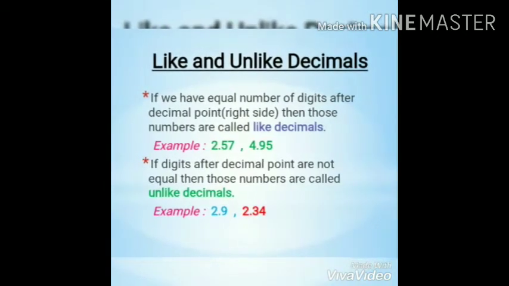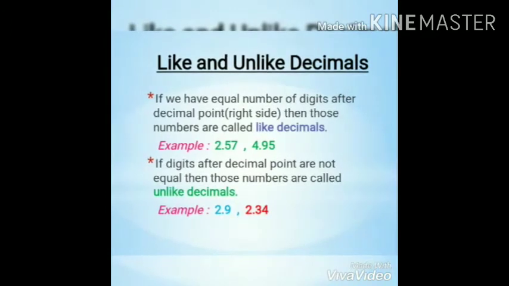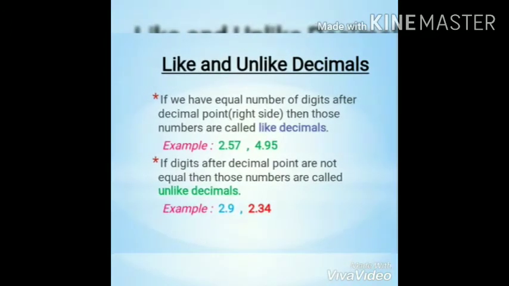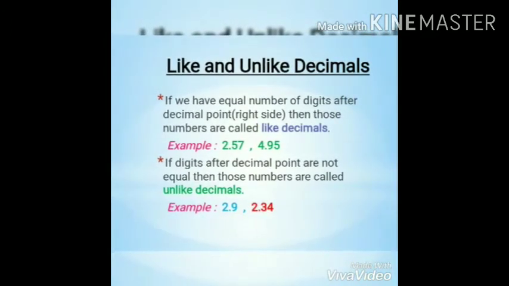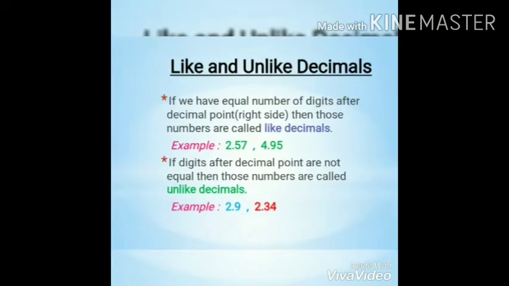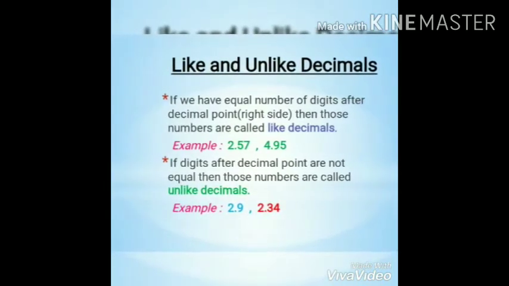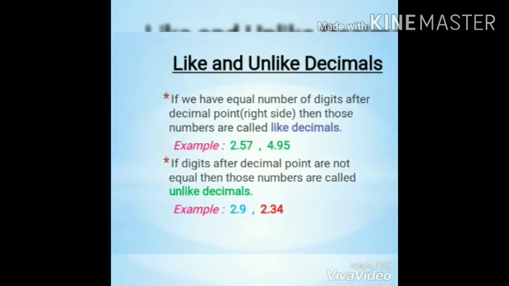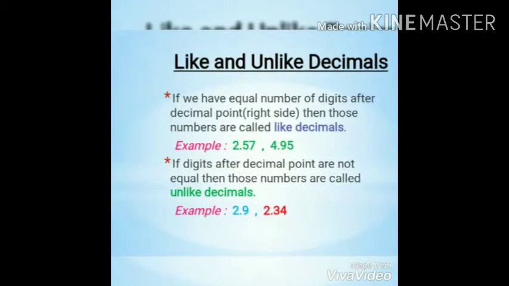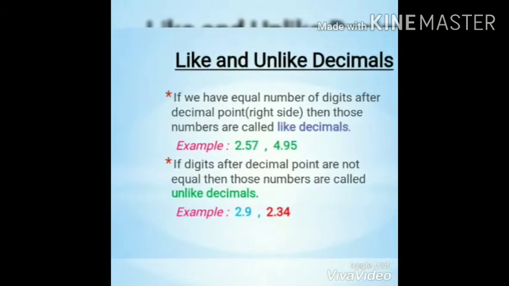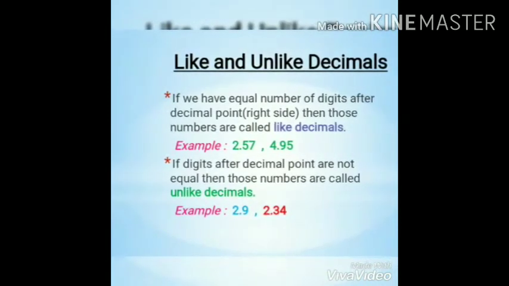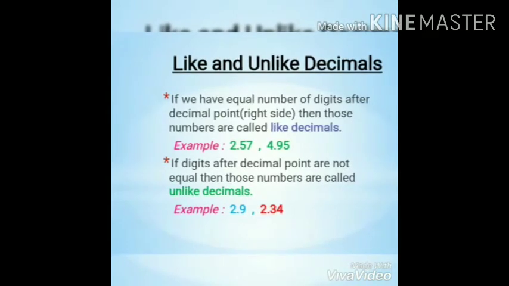But if the digits are not equal, then these type of decimals are called the unlike decimals. So let's take another example. Here we have 2.9 and 2.34. So you can see in a first example we have one digit, but in a second example we have two digits. So these are called the unlike decimals.